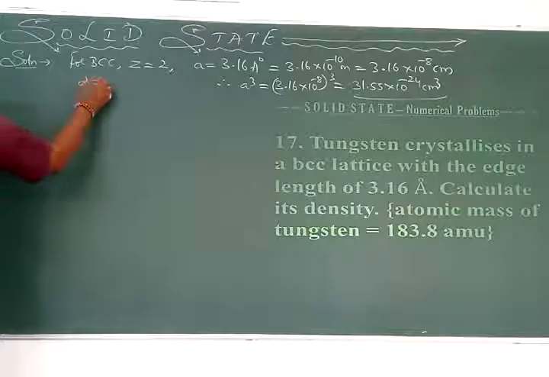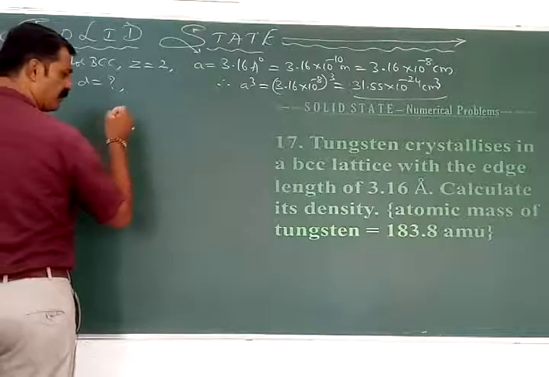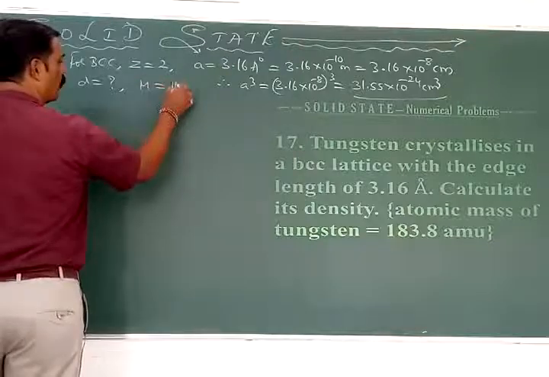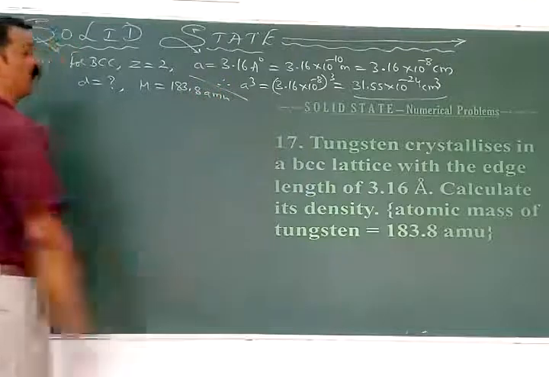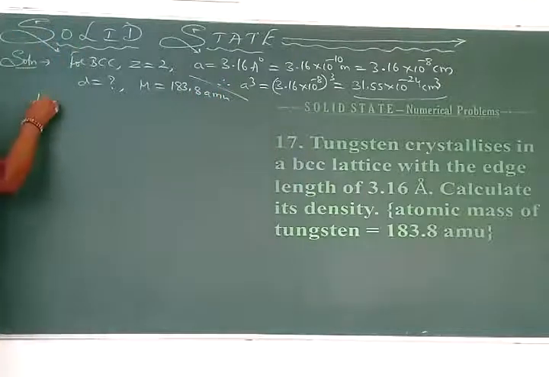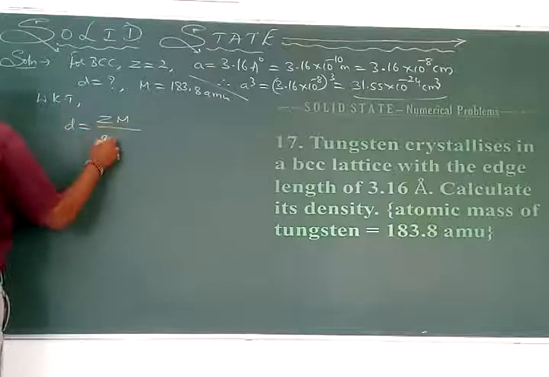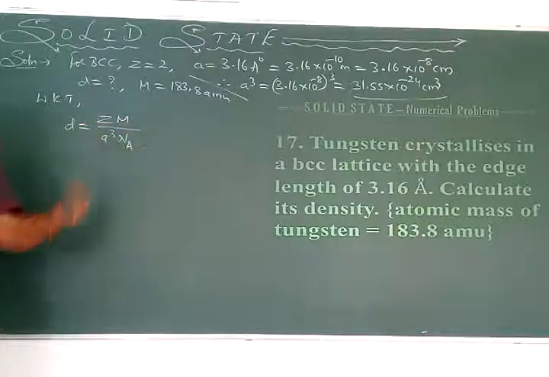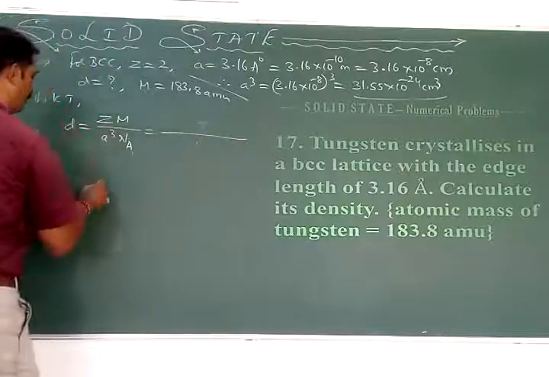Calculate the density. Given the molar mass is 183.8 AMU, atomic mass unit. Then we know the formula: D is equal to Z M by A cube into Na. So substitute yourself and get the answer.